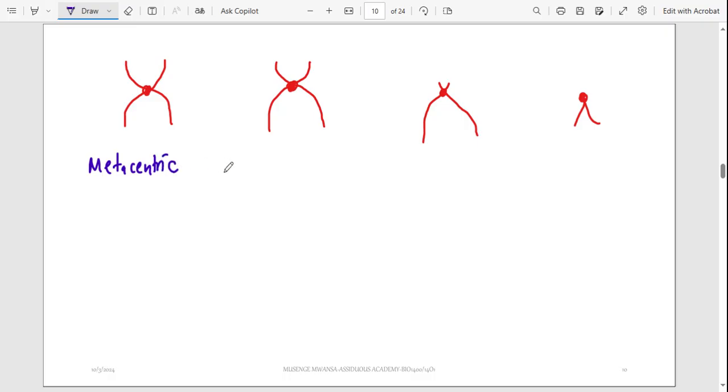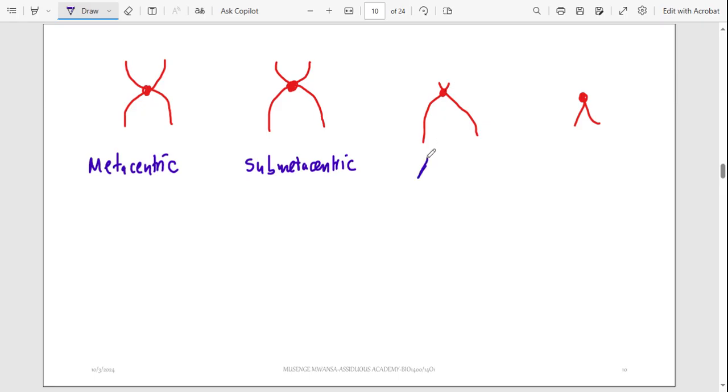Metacentric chromosome. And then if you look at this one, the centromere is not in the middle. One part is further from the other. This is known as submetacentric. And then if you look at this one, the shorter arm, which is the P arm, is nearly disappeared, is nearly not there.